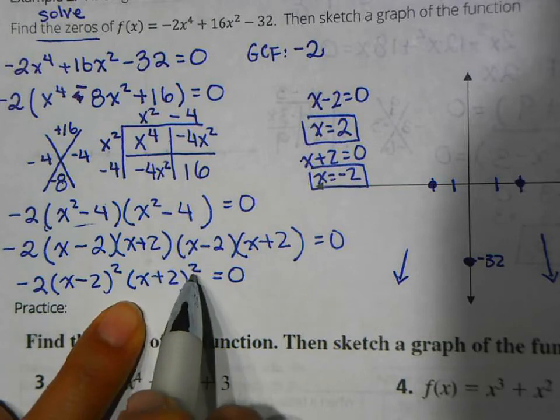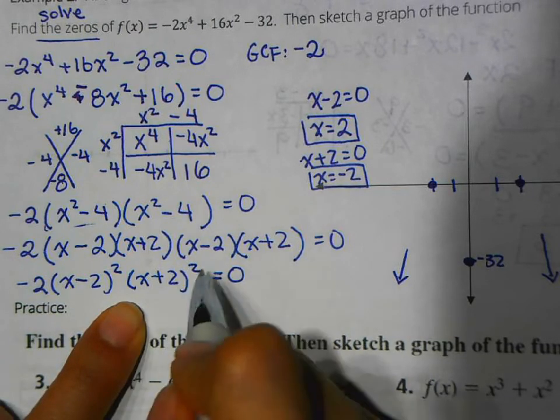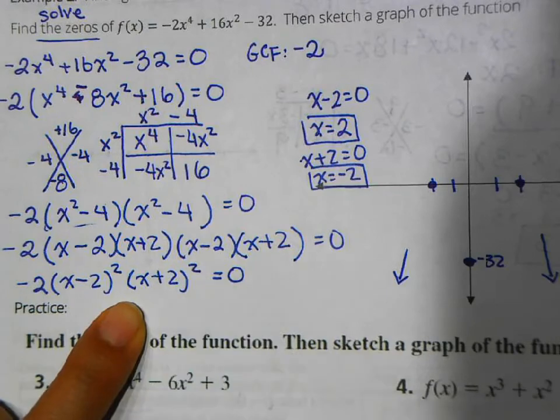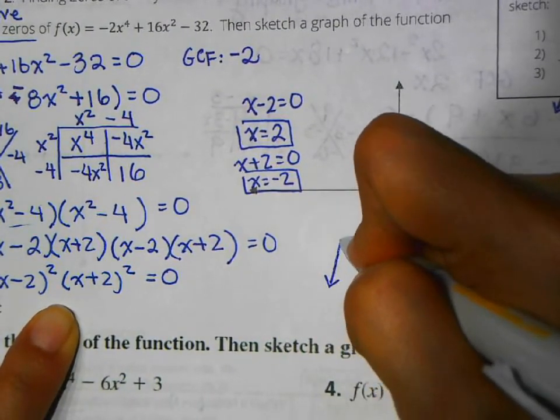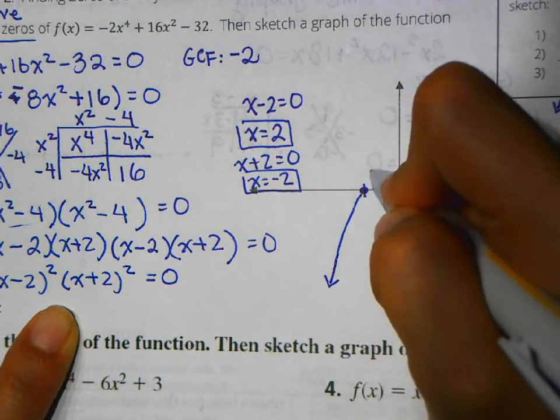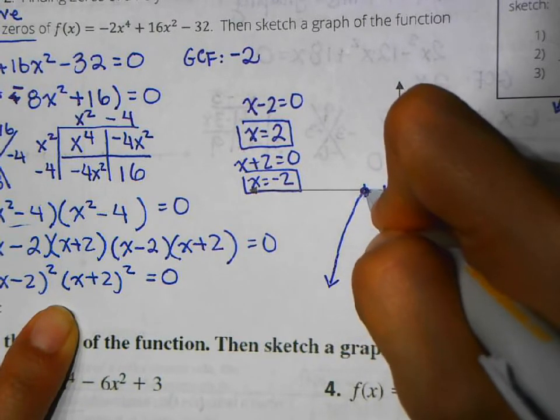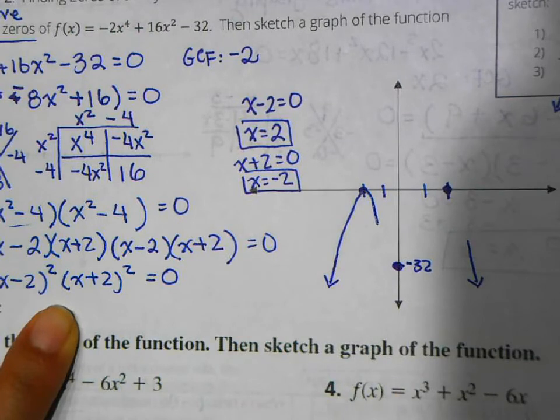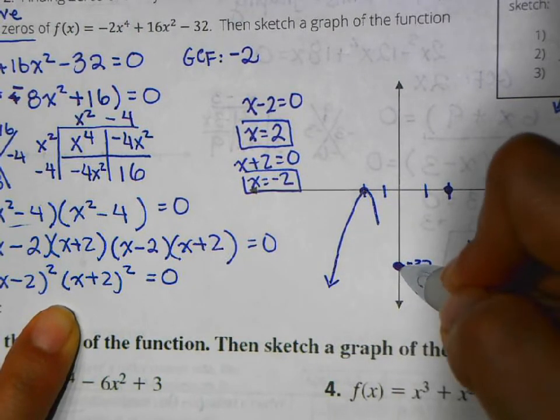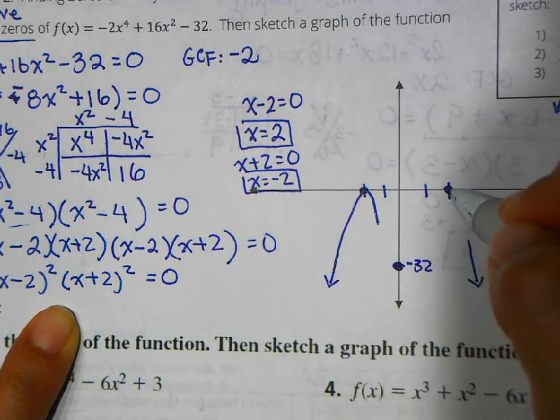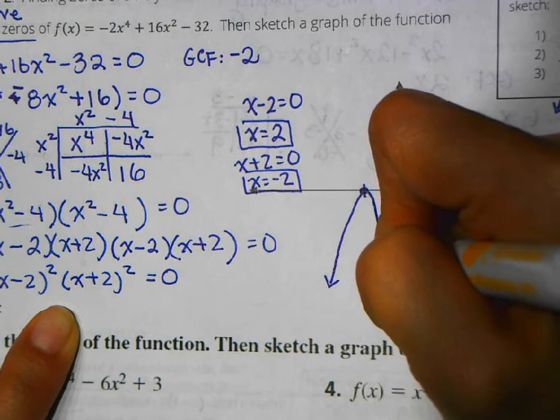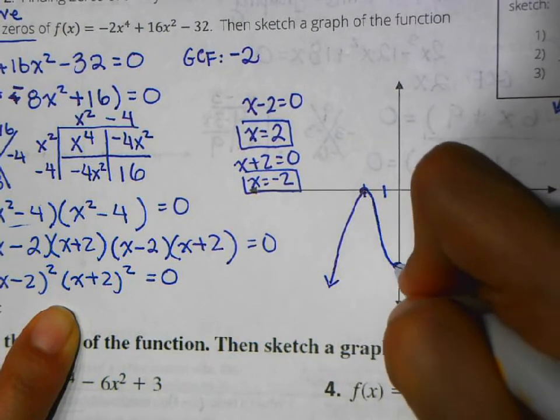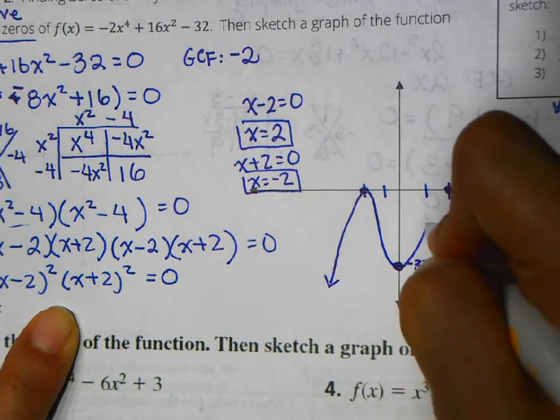My factor is raised to the second power. Remember that when it's even, it bounces. So that means on my graph, I'm going to go up to negative 2, but I'm not going to go across. I'm going to bounce right back down. And somehow, I need to reach negative 32 on the y-intercept and get back up to my x equals to 2. So, easiest choice, most logical choice would be to curve down and curve right up.